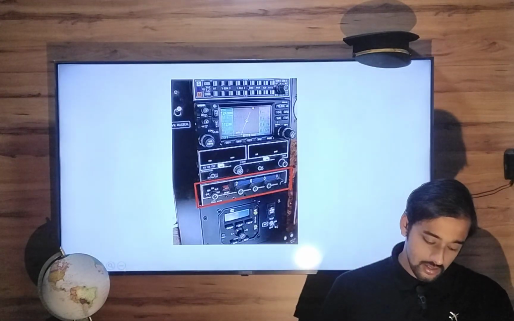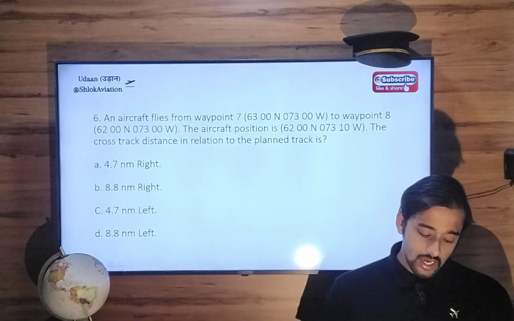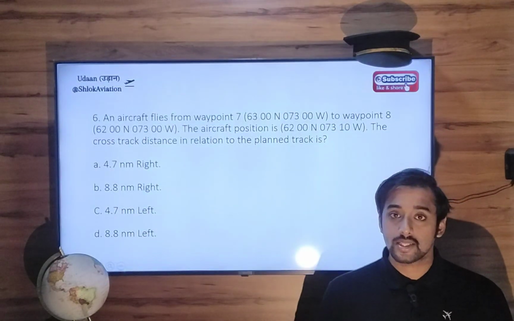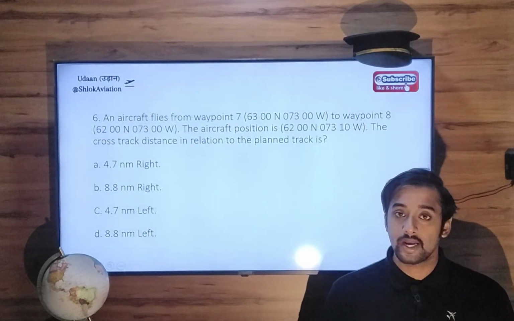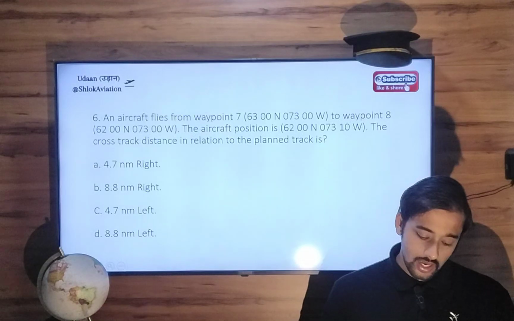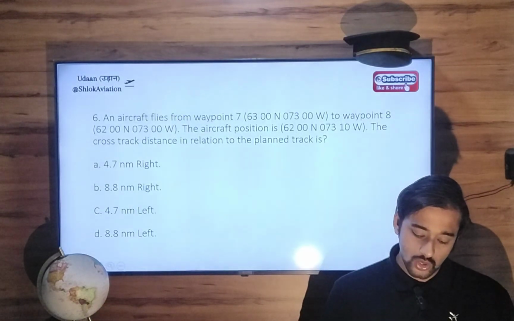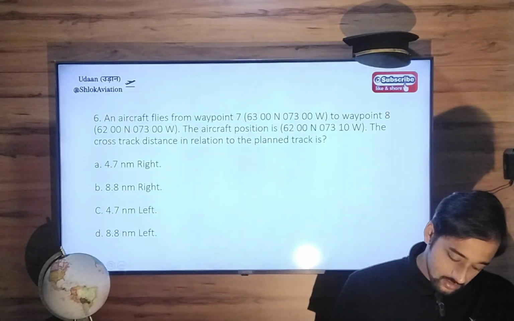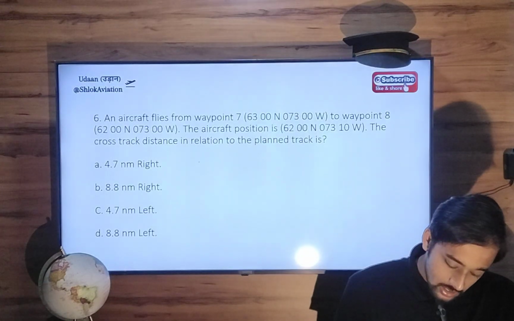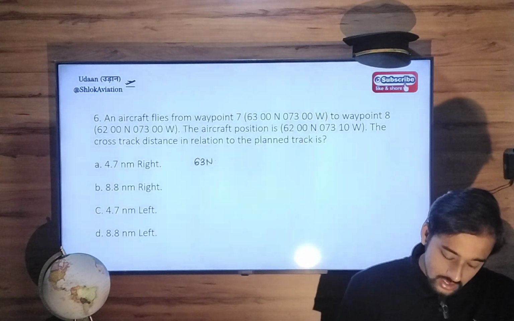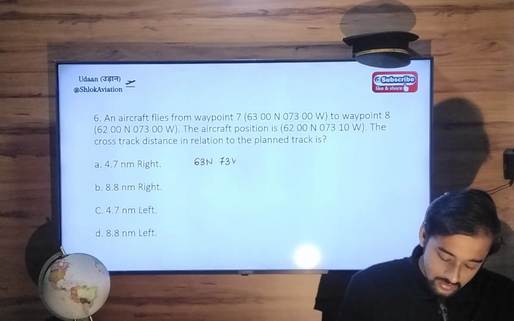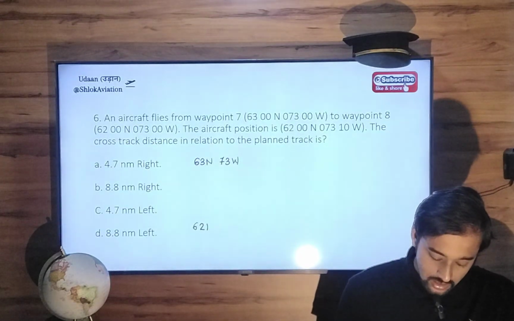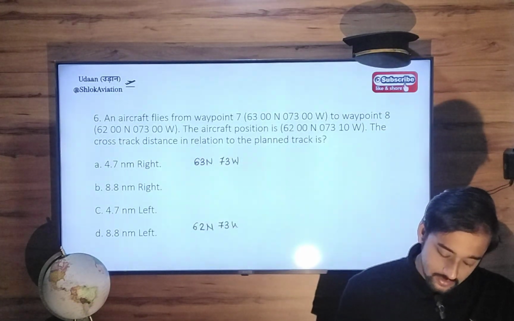Next, an aircraft flies from waypoint 7 to waypoint 8. The aircraft position currently is so and so. What is the cross track distance in relation to the planned track? So 63 north, 73 west is here. 62 north, 73 west is here.